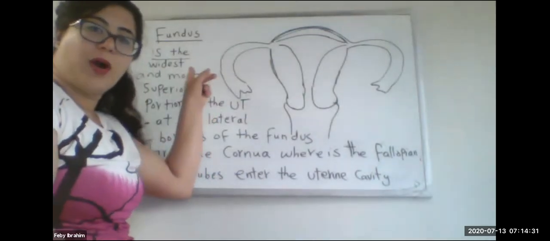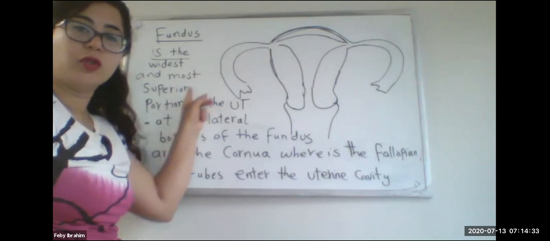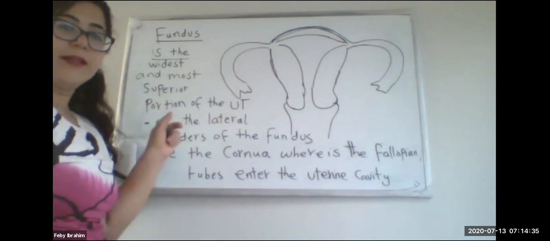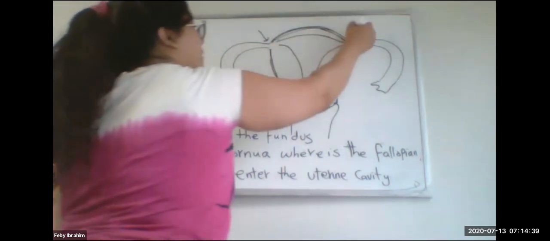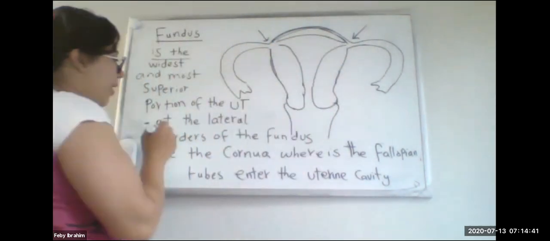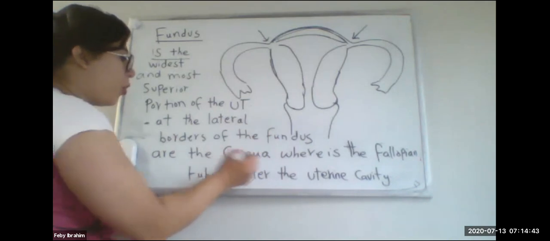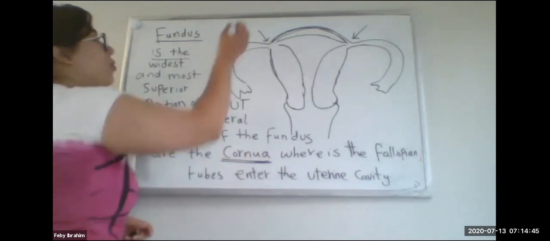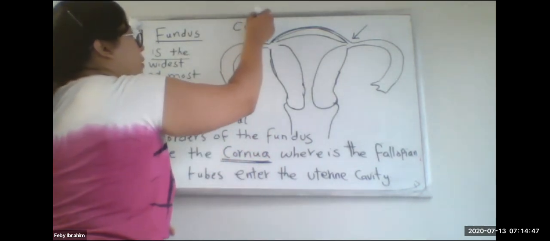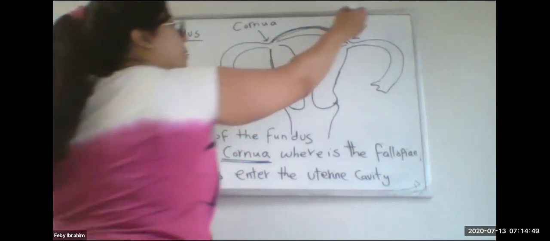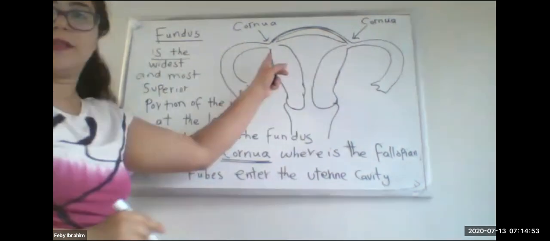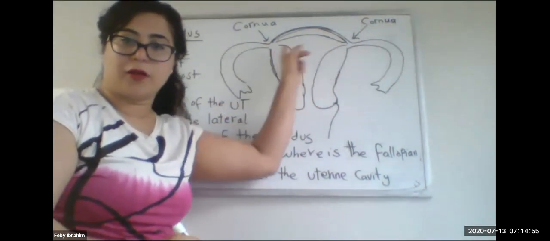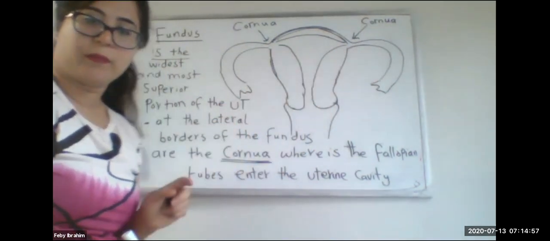At the lateral borders of the fundus, this area here, we have something called the cornua. So this one is called cornua, and this one is called cornua, at the lateral sides of the fundus.